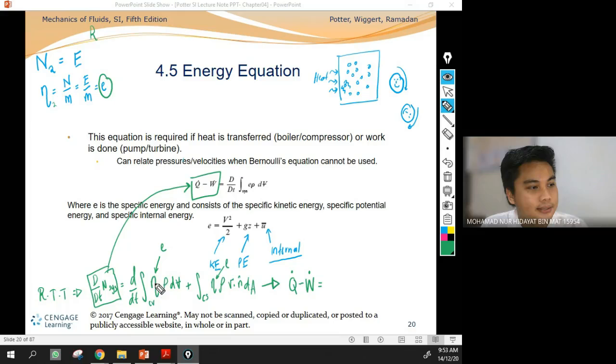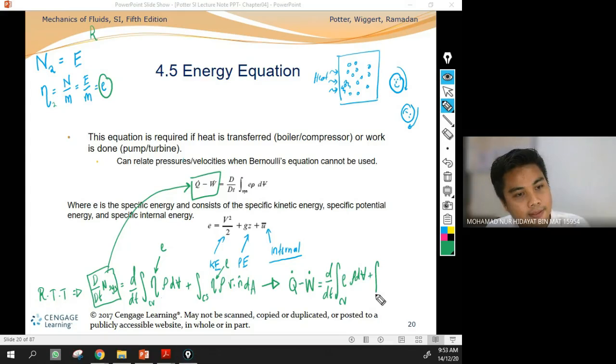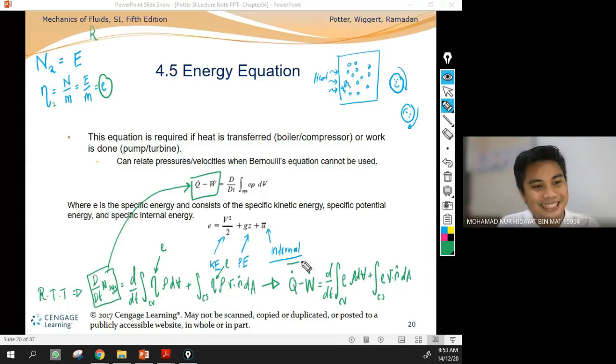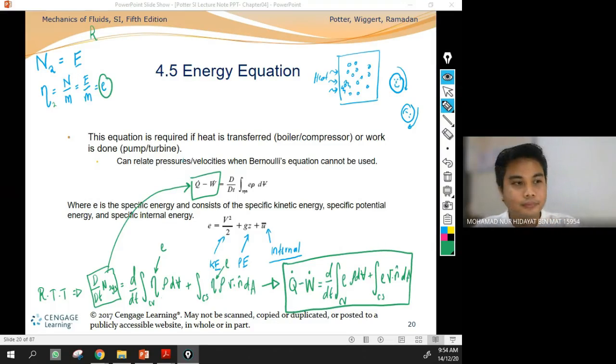You can actually replace this with D over dt of the intensive property, control volume E rho dV, plus control surface E rho V dot N dA. Basically this equation is the energy equation. This one is still not expanded further. You will see on the next slide.